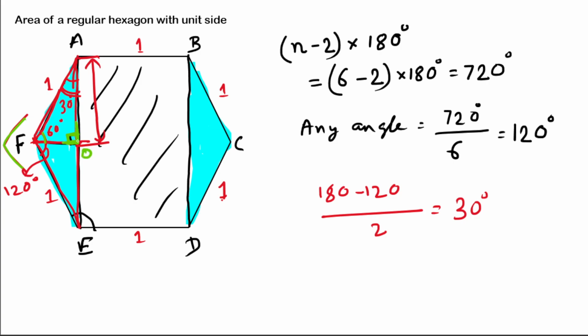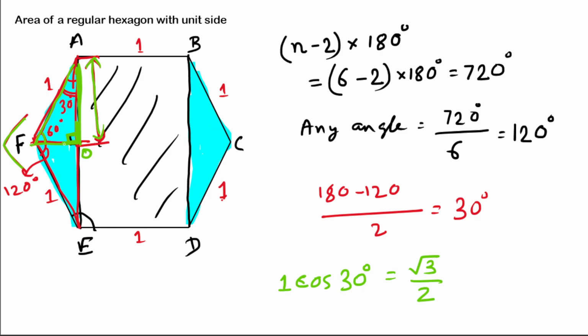Now what can you say about this length? This is 1 cos 30, because this is 1. This green part is 1 cos 30, so it comes out to be root 3 by 2.